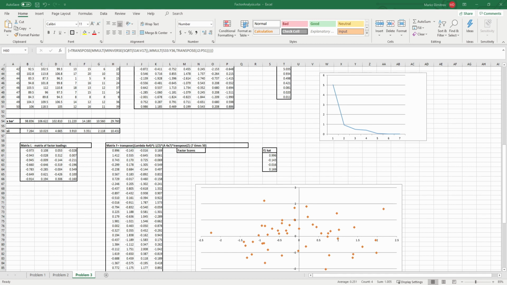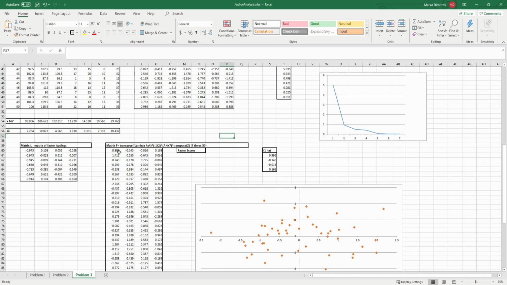We talked already about some methods of estimation, even in univariate statistics, like method of least squares, weighted least squares, method of maximum likelihood, or similar. So depending on what you use, you get different factor scores. Here we use principal components, the method of principal components.